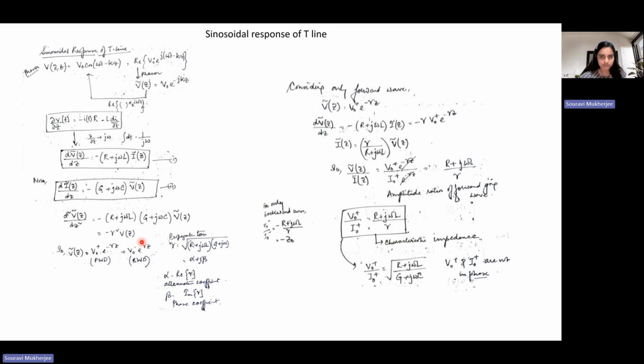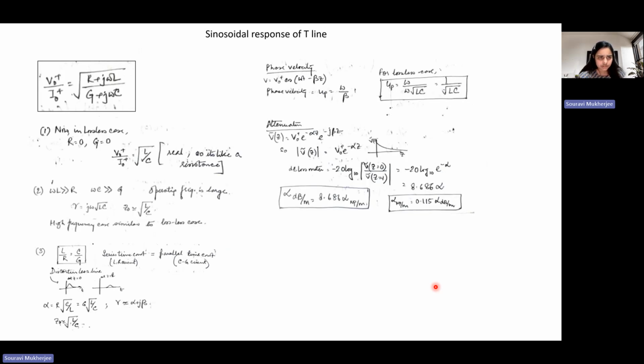So what one can do is start with the forward wave, apply the KVL and KCL relations, and try to find an expression for the characteristic impedance. This will be a typical expression of characteristic impedance for a transmission line of given distributed parameters.